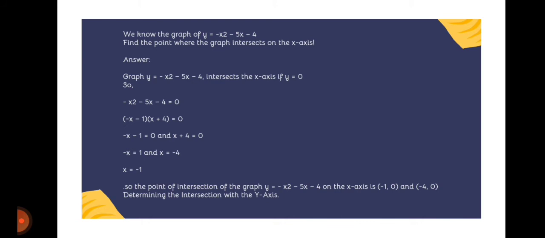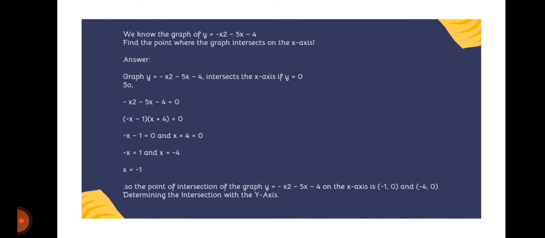Negative, x plus 1 times x plus 4 equals 0. x plus 1 equals 0 and x plus 4 equals 0. x equals negative 1 and x equals negative 4.